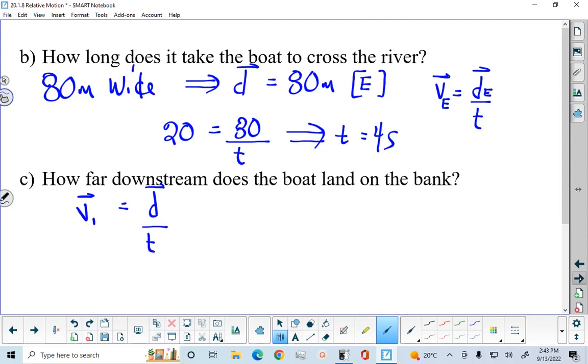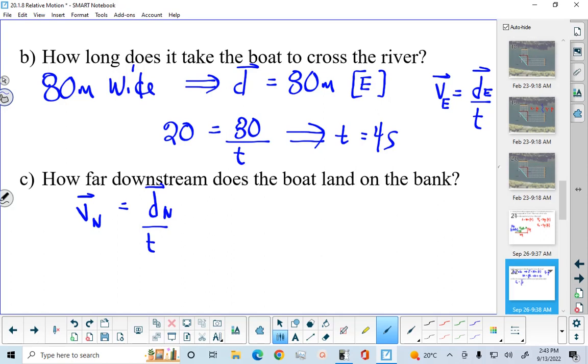But since we're talking how far north does it travel, we have to use the north velocity. Now the question becomes this: what do you use for the time? Well, we've already determined the time is 4 seconds, and I want to go back and show something to you.